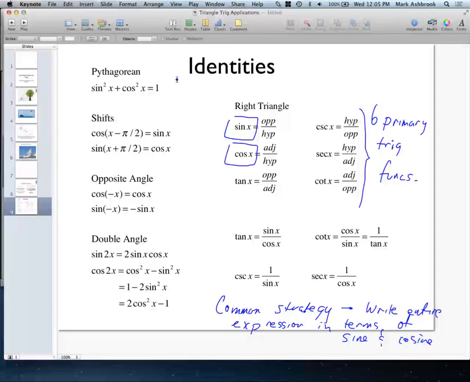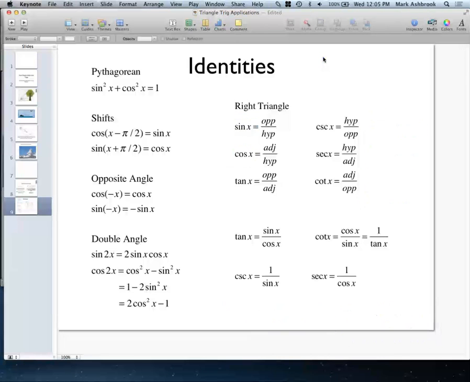Okay, I'm going to take the list down. So let's take a look on page 333.